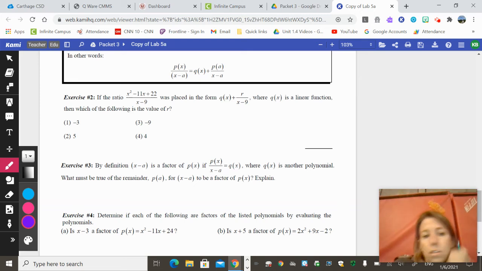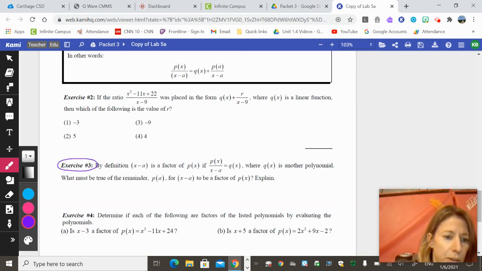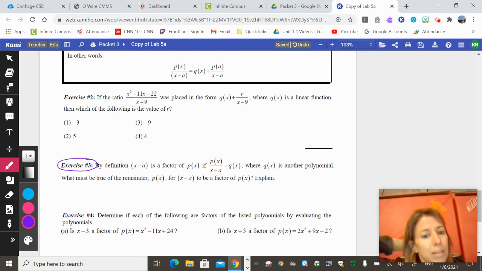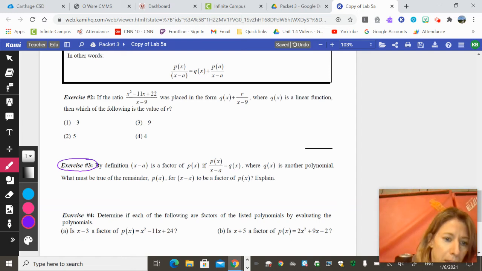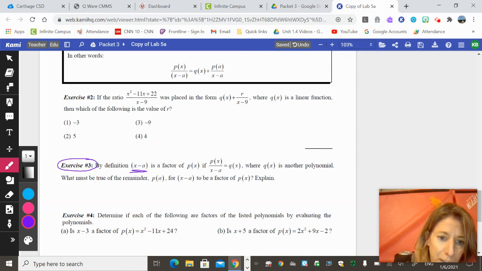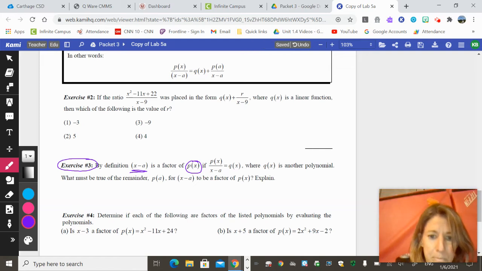Exercise 3 I want to do with you just because it's kind of confusing. There's so much notation. It says by definition, basically, a binomial is a factor of a function if we get a quotient. Notice this quotient has no remainder. There's no plus r over the divisor.